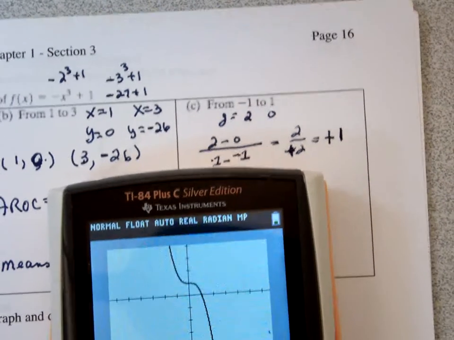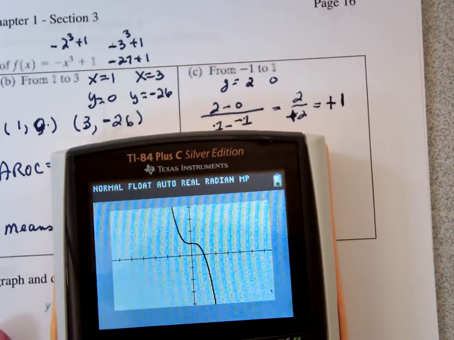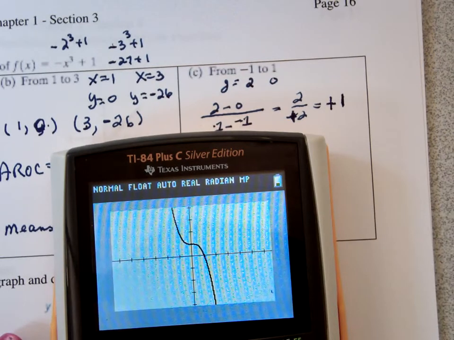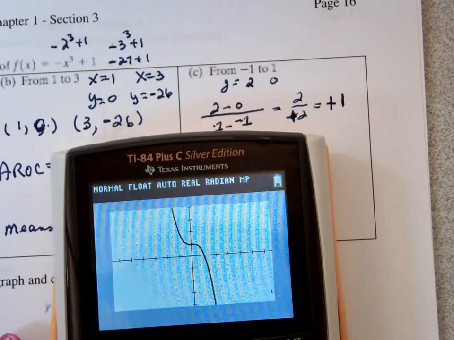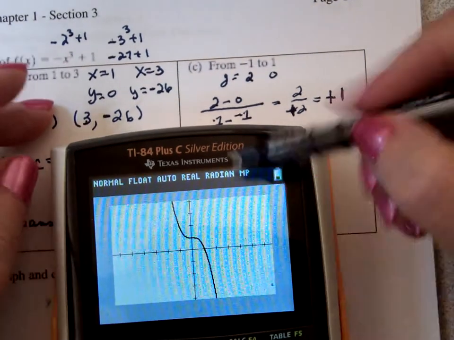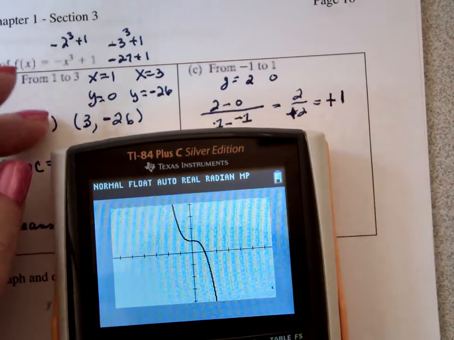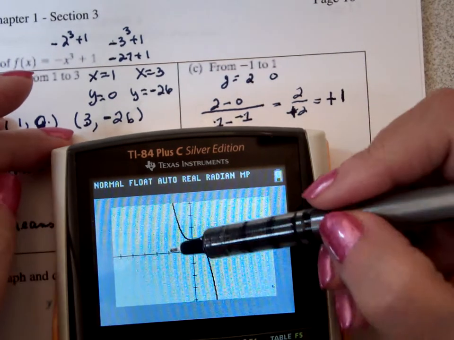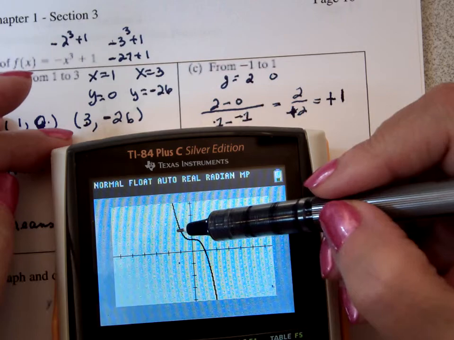Where's the graph? So 1, 0 is here. And negative 1, 1 is there.